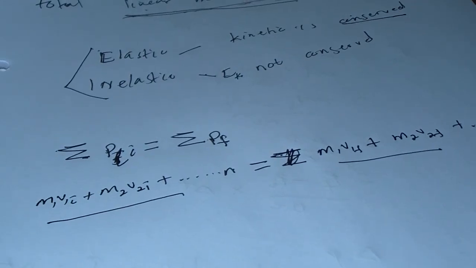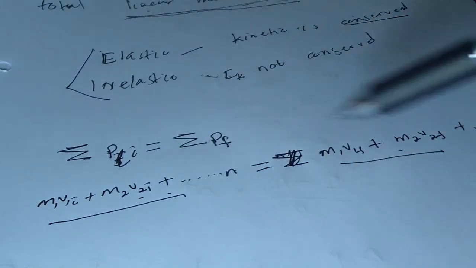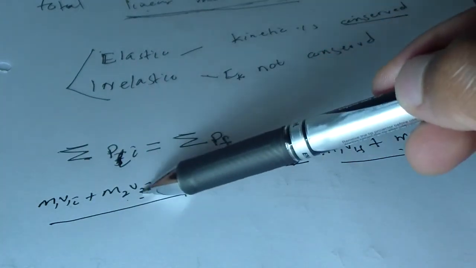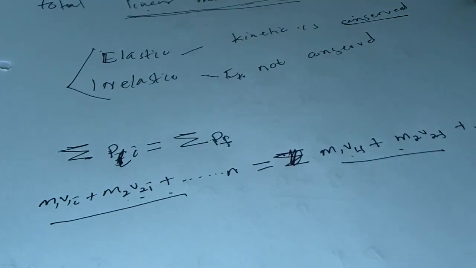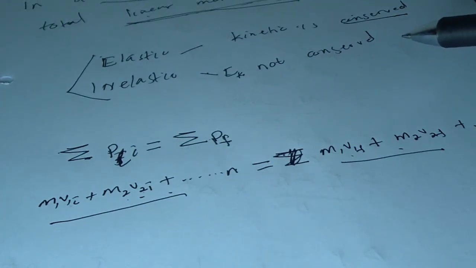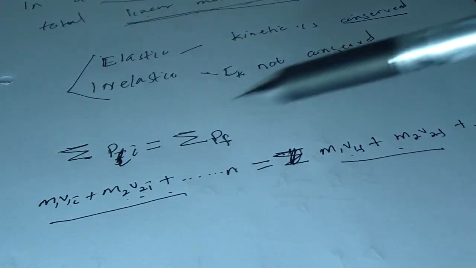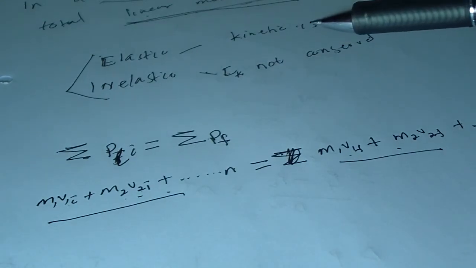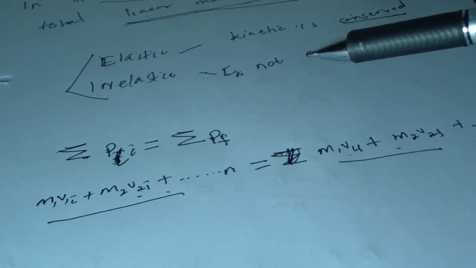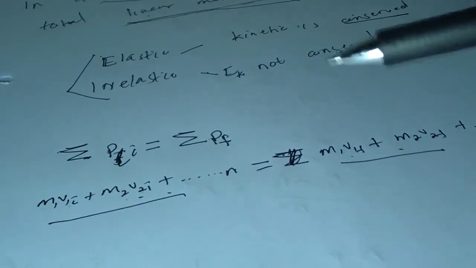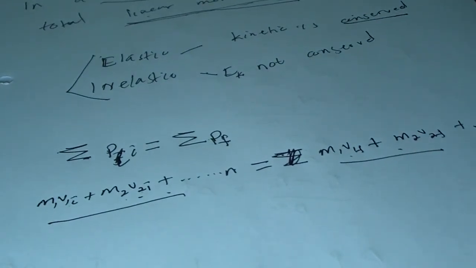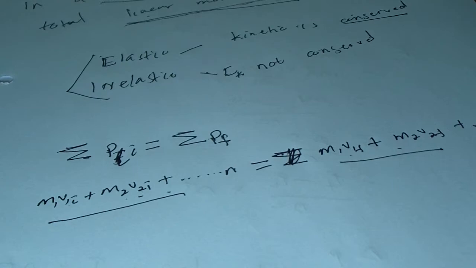Whenever this collision occurs, let's just say a car hitting another car and they move independently after the collision, there's a situation where the kinetic energy can be conserved and one where it cannot. If 2 cars are hitting each other head-on, there's no way kinetic energy is going to be conserved, because there's going to be sound and heat.